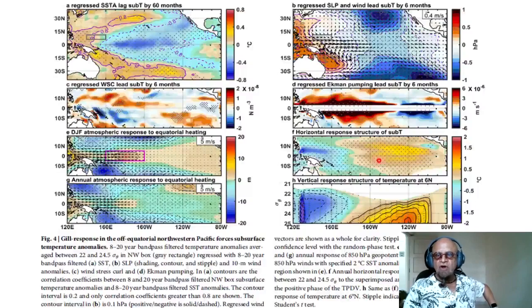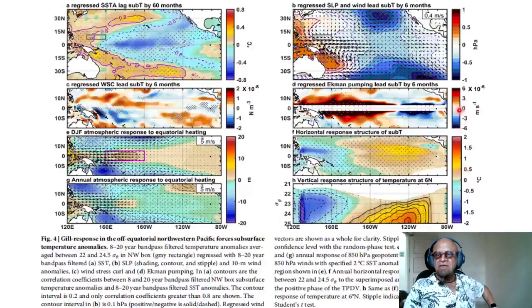Horizontal response structure of the subsurface temperature. Annual atmospheric response to equatorial heating, and vertical response structure of temperature at 6 north. So that's in the potential temperature of vertical coordinate. Okay, so you can see the magnitudes of the temperature anomalies.